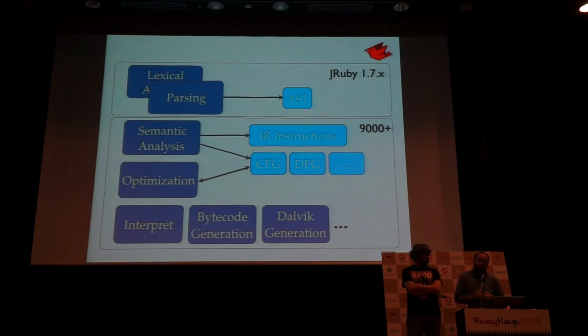After we've made that, then we'll go into this optimization phase where we'll go and run a set of pluggable compiler passes. And then we might make some other data structures like a data flow graph. Then we go into the interpreter phase where we interpret our machine instructions that we've made. And after that's been running a little while, we decide it's time to go and generate some Java bytecode. And then we generate that bytecode, and then the JVM takes that and then makes it super fast.